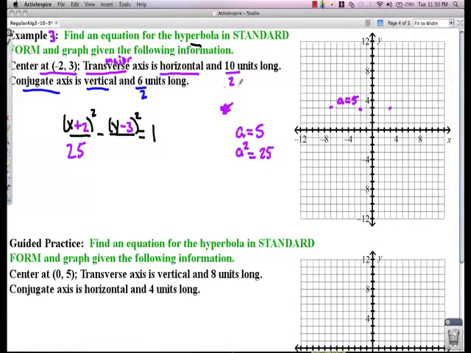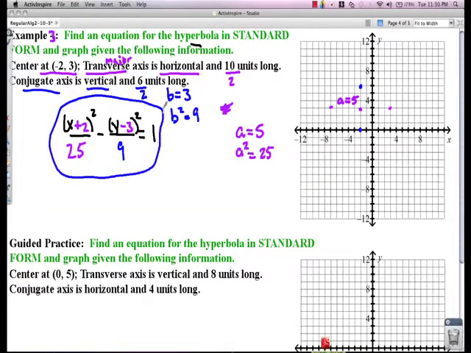You would take that distance, which would be your b value, because that'll be 3. Notice 10 divided by 2 is a, so that's kind of a quick way to get that. I would go up and down 3, and so now my b squared would be 9, right? So I'd put in 9, and I now have my answer.